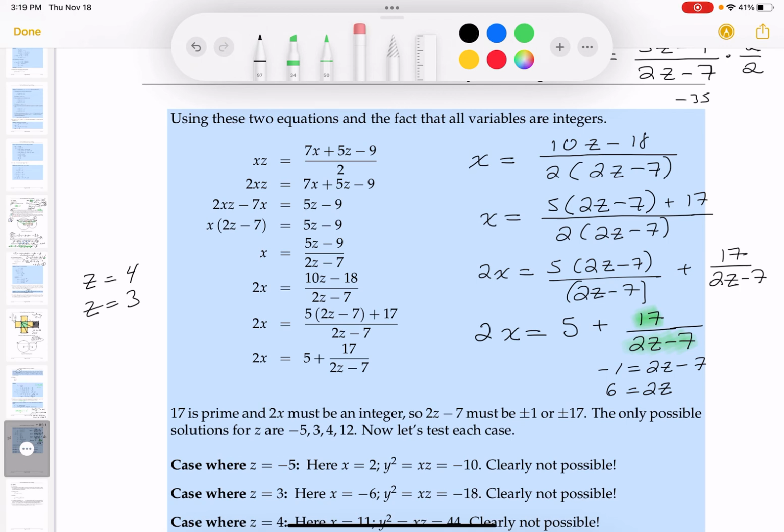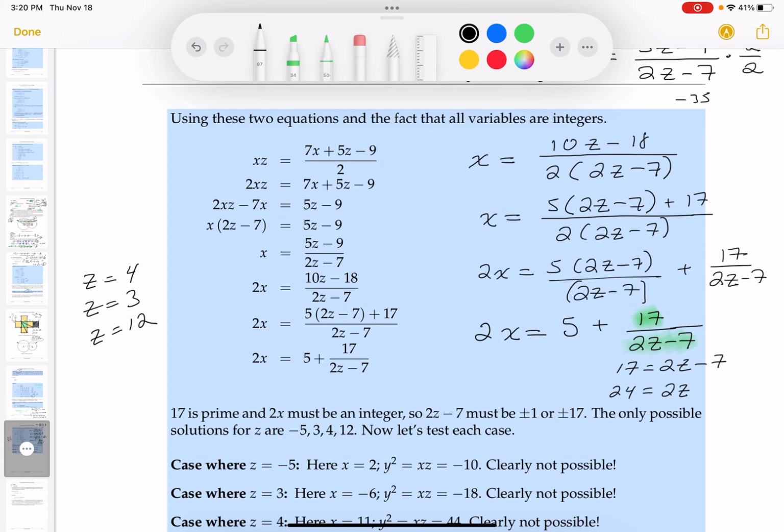I'm done with the 1 part now, because 17 divided by 1 is 17. Now, I'm going to say it could be 17, the bottom. I don't have many choices, and that's a good thing. Having choice sometimes is very difficult. If I did that, you would get 24 equals 2z. Well, z would be 12. These are just possibilities.